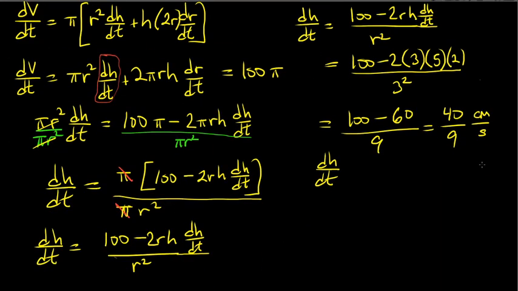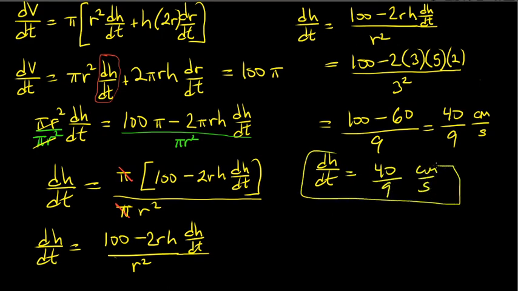So this should be 40 over 9 centimeters per second. Or you can do 4 and 4/9. But again, no decimals, right? 40 over 9 centimeters per second. Good enough.